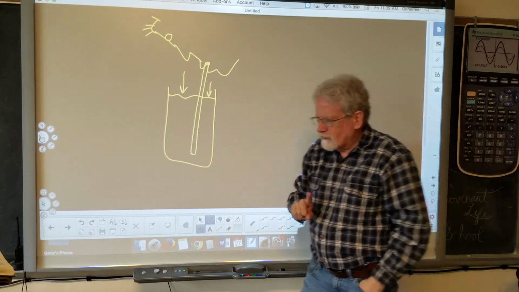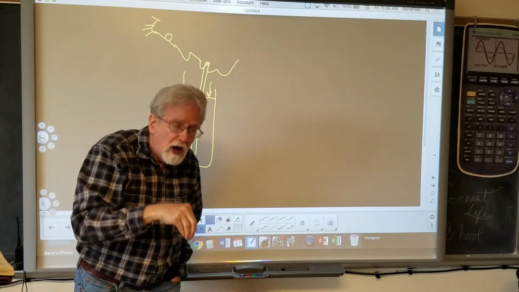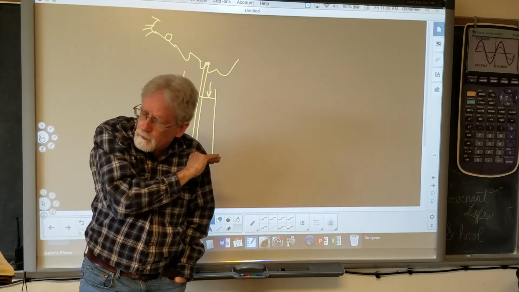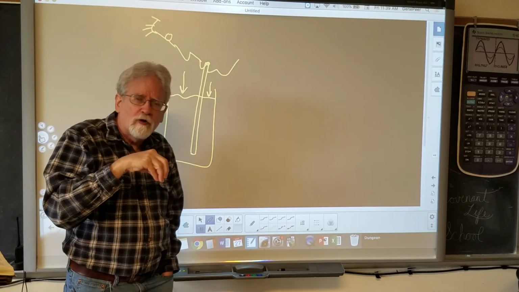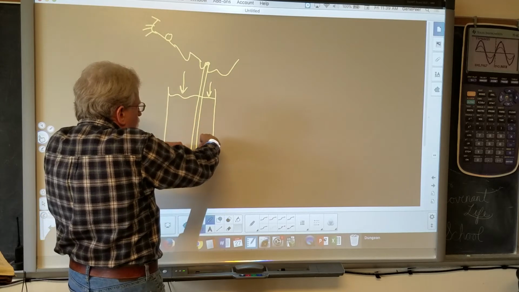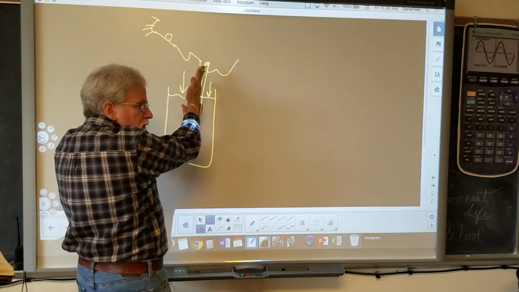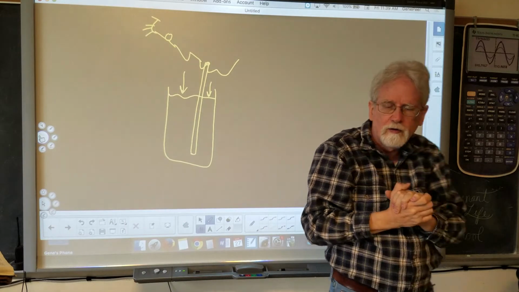So when you suck on a straw, the Coke is not being pulled up the straw. Banish that from your mind. No, the Coke is being pushed up the straw by atmospheric pressure.